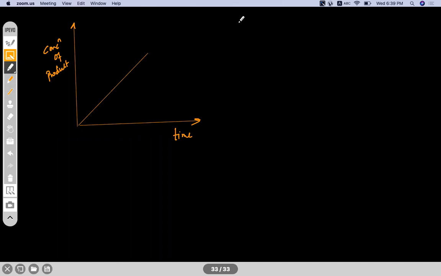There's a term called half-life. We call it half-life time or half-life period, represented by T half or T50.